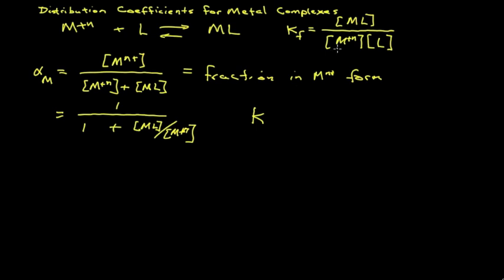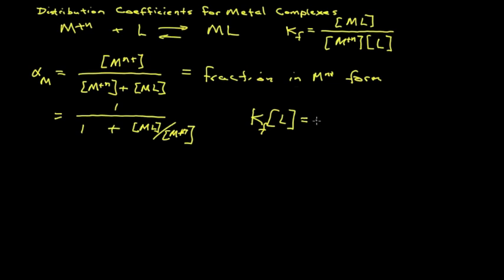There's that ratio that we want. Let's just move the ligand form over on to the left with the Kf value. And then we have the ratio that we're interested in, ML over Mn+. So substituting, we get 1 over 1 plus Kf times the ligand concentration.